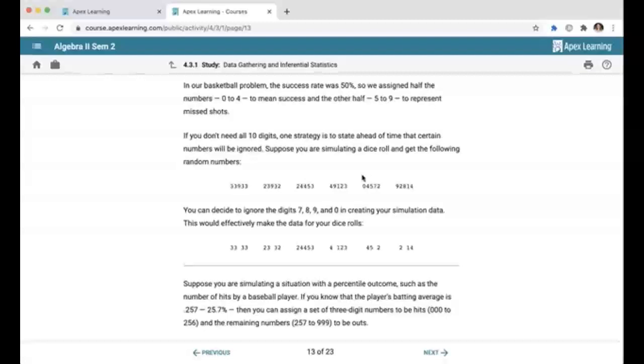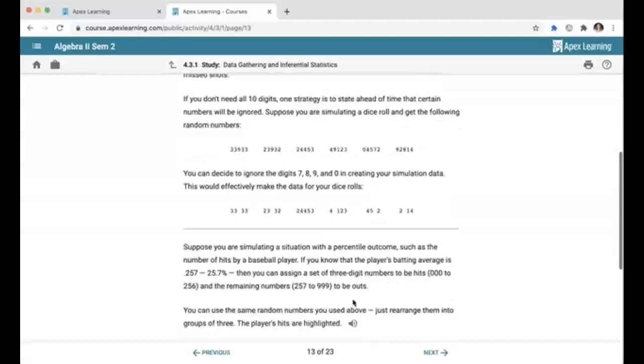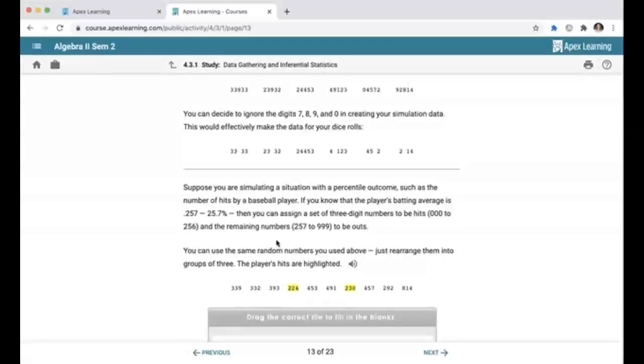If we are looking at a simulation with percentages, so looking at percentages of our outcomes, that would be something maybe like the number of hits of a baseball player. We can assign 3-digit numbers to be hits, so we could look at things larger than between 0 and 10 here.